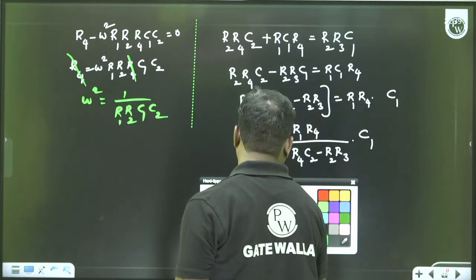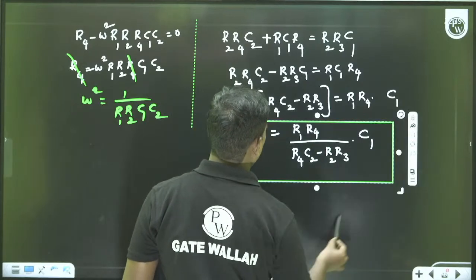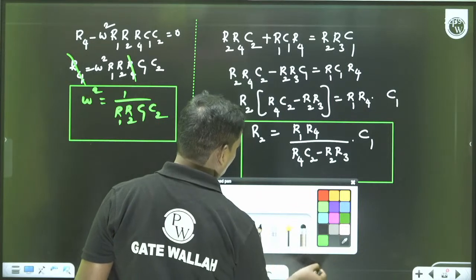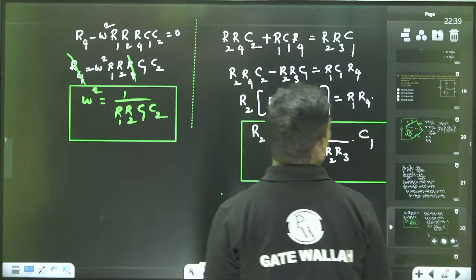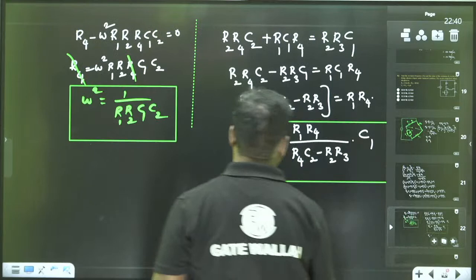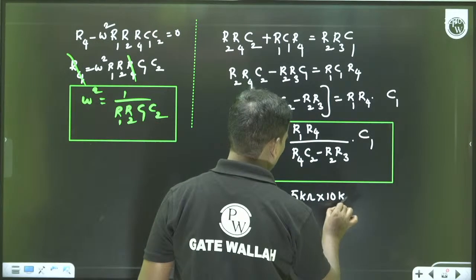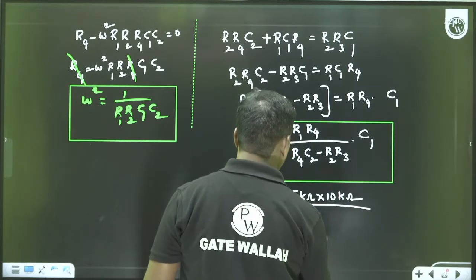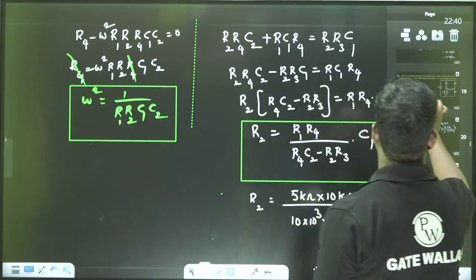So find out the R2 first. This is the R2 expression. He has given a lengthy question, a time waste question. What is R1, R4? 5K, 10K. So this is 5 kilo ohms, this is 10 kilo ohms divided by R4, 10K into C2. What is the C2 value?